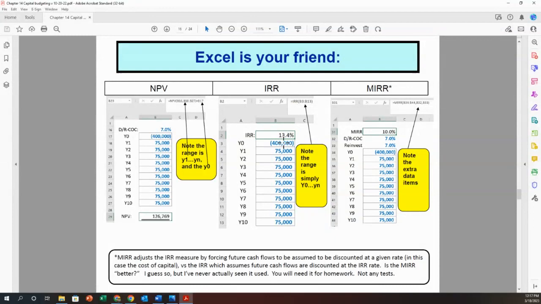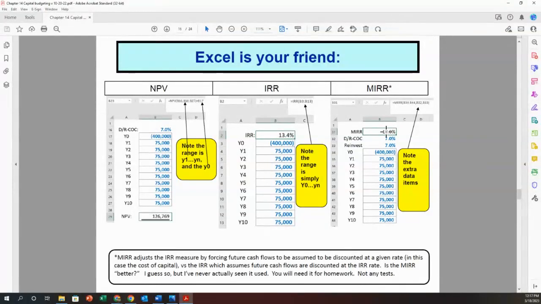We start with the year zero and we go to the end and we close the parentheses. Okay? The IRR, the discount rate, is calculated for you because it's determining what the discount rate is. So we don't tell it.